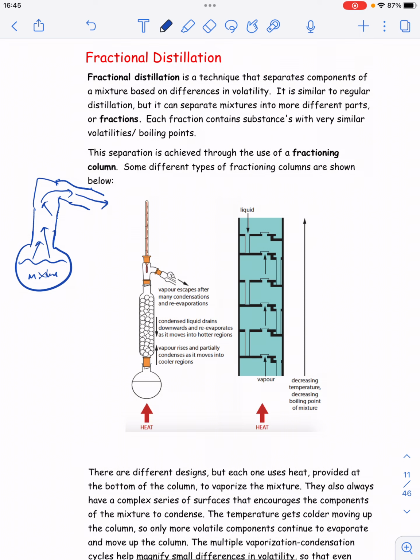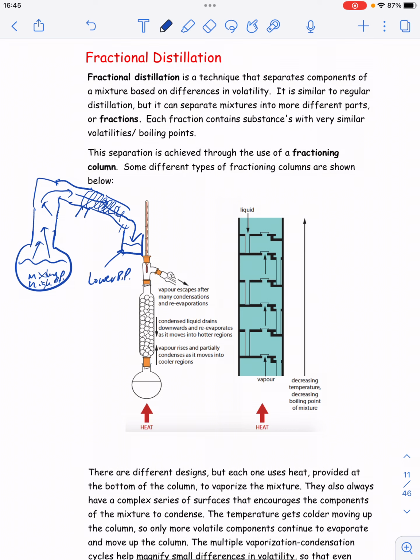They start to travel down this tube, and you surround this tube with water. You usually have it connected to running water so it stays nice and cold, and so that causes condensation of the gases, and then you can collect them over here. So it allows you to collect and separate off the components that have the lower boiling points and leave behind the ones that have the higher boiling points.